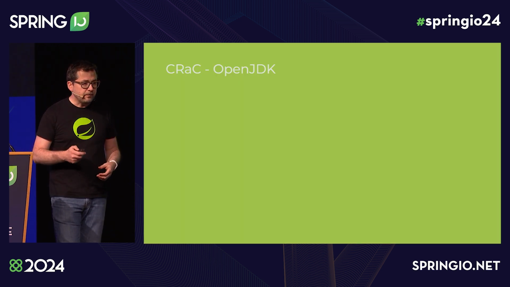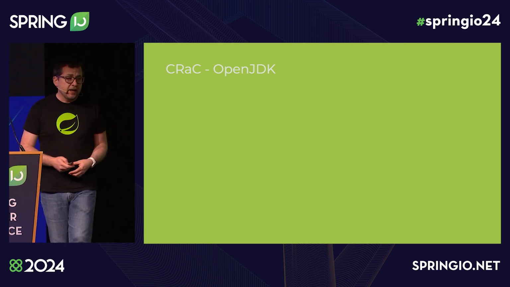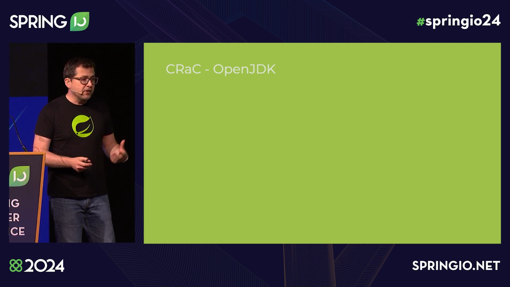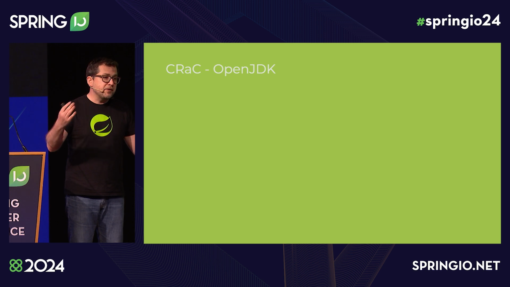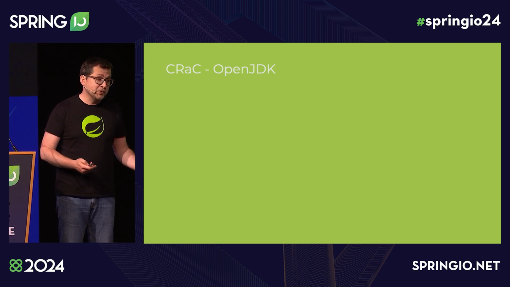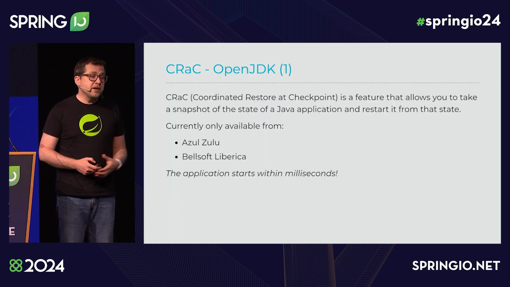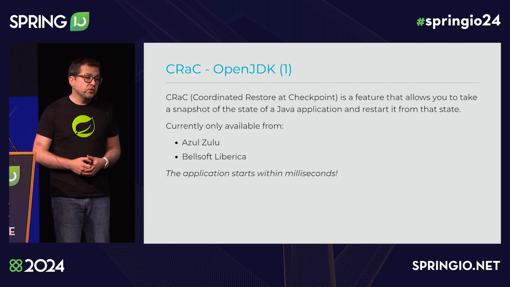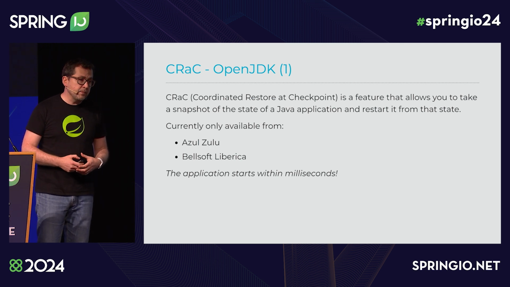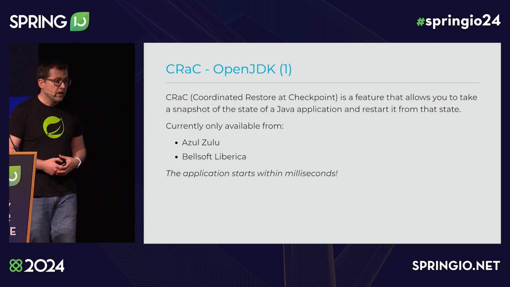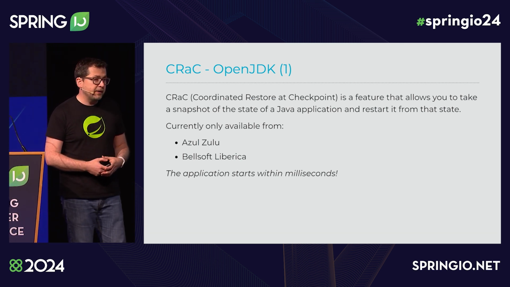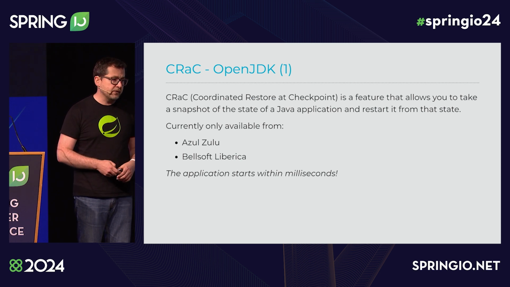Right. Great. Obviously, there is then the topic of CRaC, because it seems like I do a summary of everything in the Java ecosystem, and I do. So CRaC would be an optimization possibility as well, and there are definitely some challenges with that. You get from two vendors a JDK build with Java 17 and 21, where you can do snapshotting of your application and the restore is super fast, right?